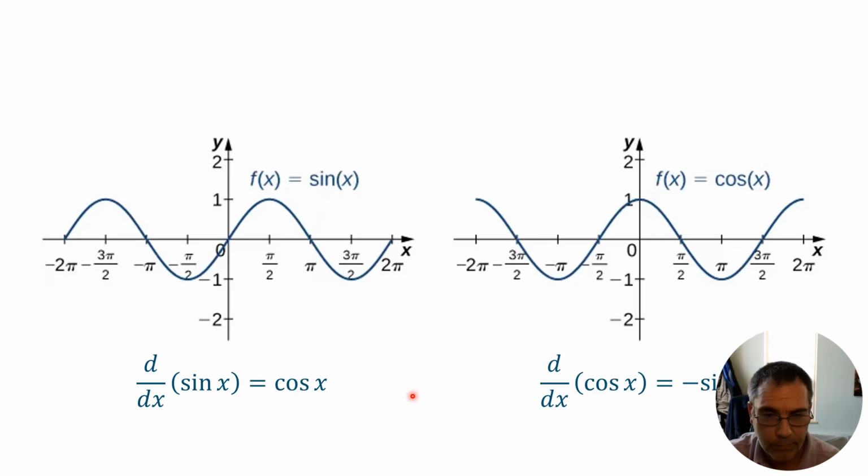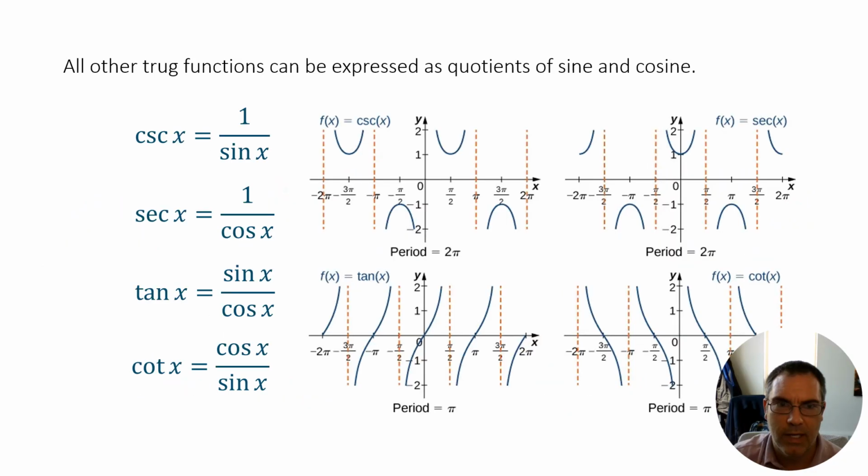Now that we establish that, we can find any trig function, because any trig function is made up of sines and cosines. So let's think through that. These are the other 4 trig functions that you may be familiar with: cosecant, secant, tangent, cotangent.